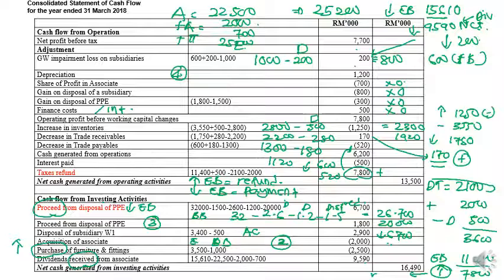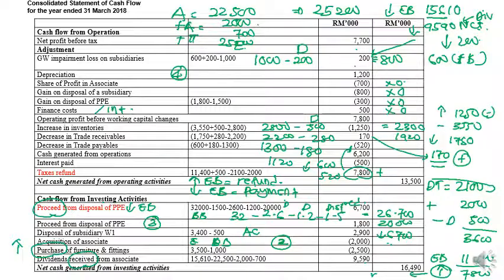The difference that you have here is 9,590. Reducing means that this is a dividend paid. Dividend paid by associate here means that you receive from the associate, so you're going to add that amount. So total up here you're going to have 16,490. That one is for the investing activities.